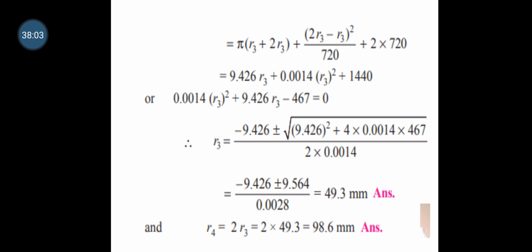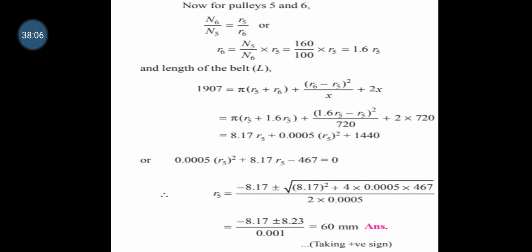Now for the pulley 5 and 6, for getting the R5 and R6 radii of the pulley, N6 divided by N5 is equal to R5 divided by R6. By solving this equation we are getting 1.6 R5.